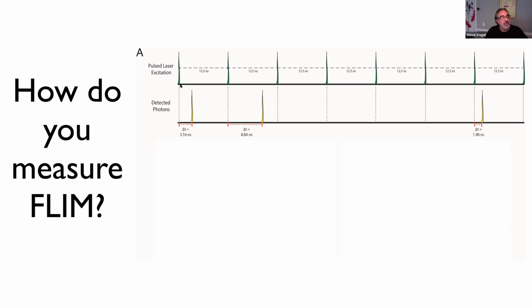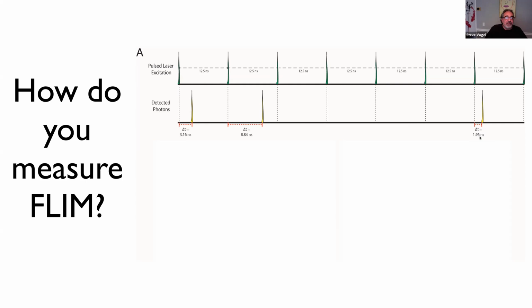Because you know what that period is, you can subtract to calculate the other. But that's not important. What's important is you end up with these delta times. In this case, the time between this laser pulse and when this photon was detected was 3.16 nanoseconds. In this case, it was 8.84 nanoseconds. In this case, it was 1.96 nanoseconds.